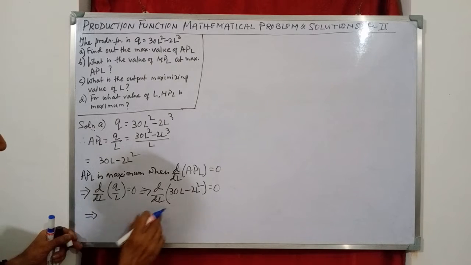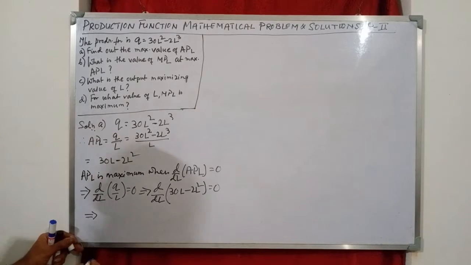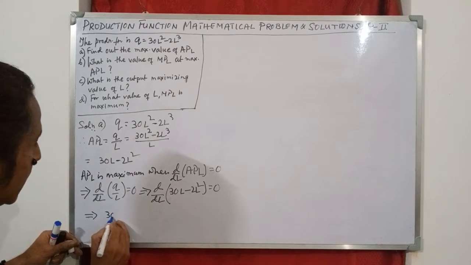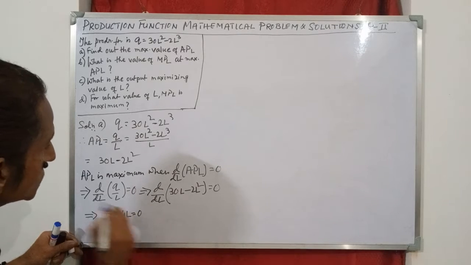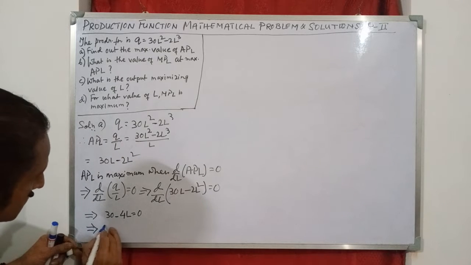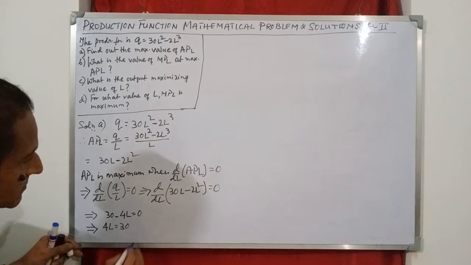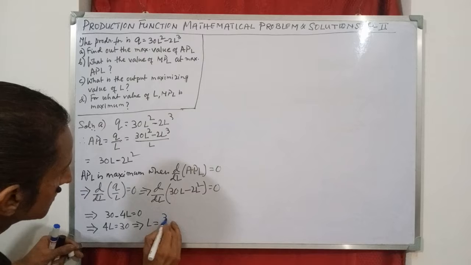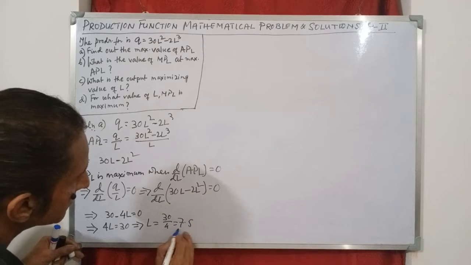Now we are differentiating 30L minus 2L square, so it becomes 30 minus 4L equals 0. This gives us 4L equals 30. This means L equals 30 by 4 equals 7.5.